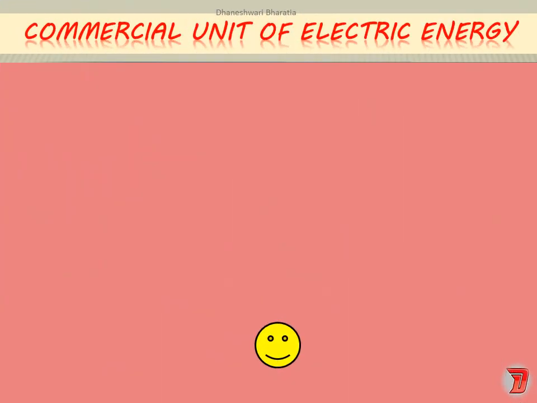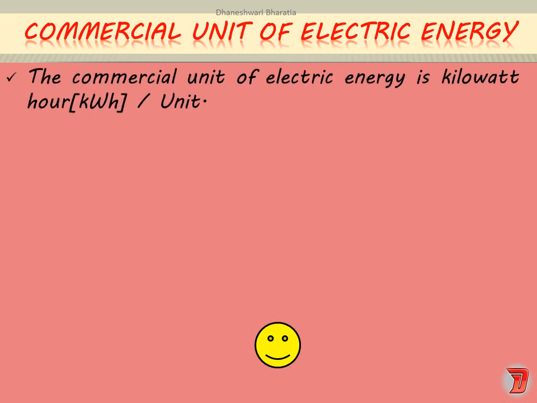Now let us see the commercial unit of electric energy. The commercial unit of electric energy is kilowatt hour. Kilowatt hour is also known as unit. So if it is given in the sum that 1 unit, it is nothing but 1 kilowatt hour. Are you getting? Unit and kilowatt hour, they both are the same thing.